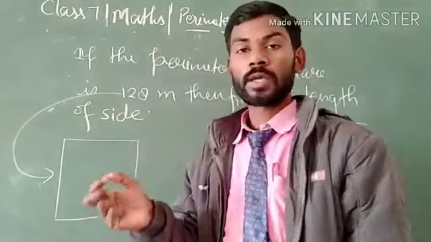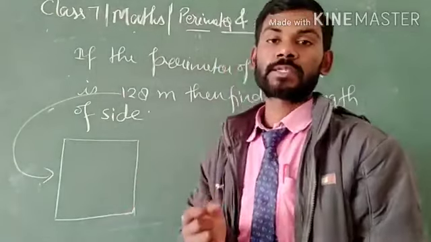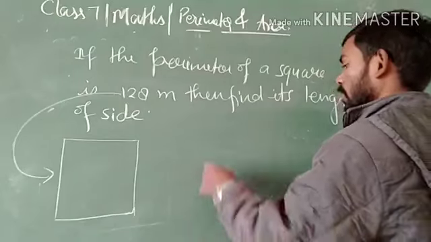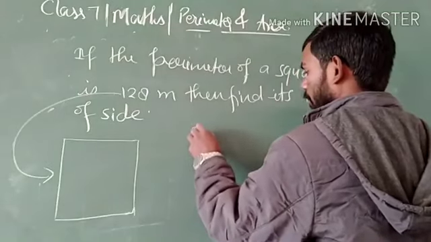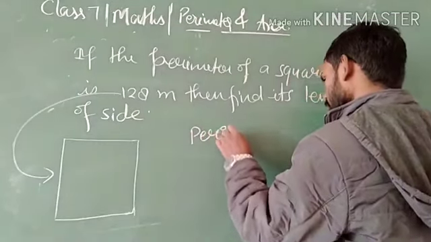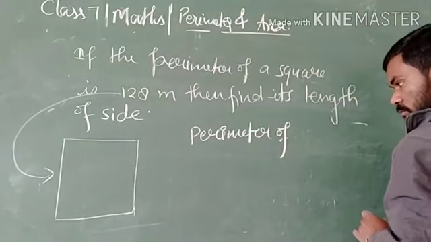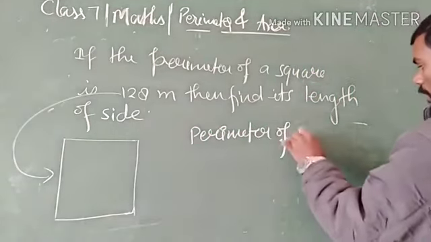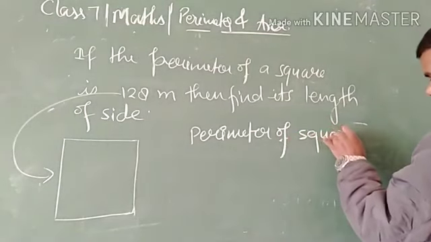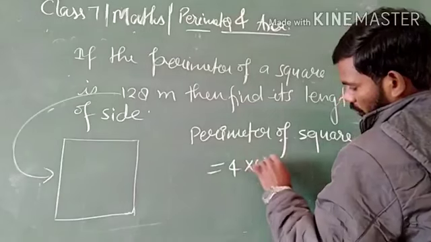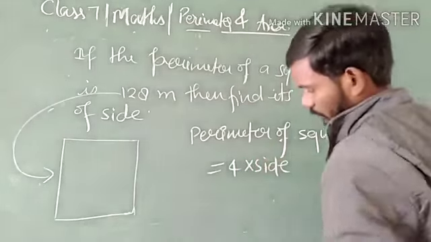So when we find its length, first of all we write perimeter of square is equal to 4 into side.